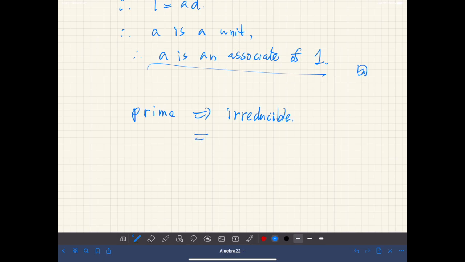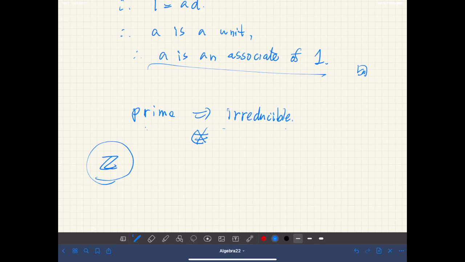But not the other way around in general. But if we consider the integral domain, the set of integers, in this case, every irreducible element is also a prime element. So we don't have a distinction between prime numbers and irreducible numbers in the case of the set of integers.